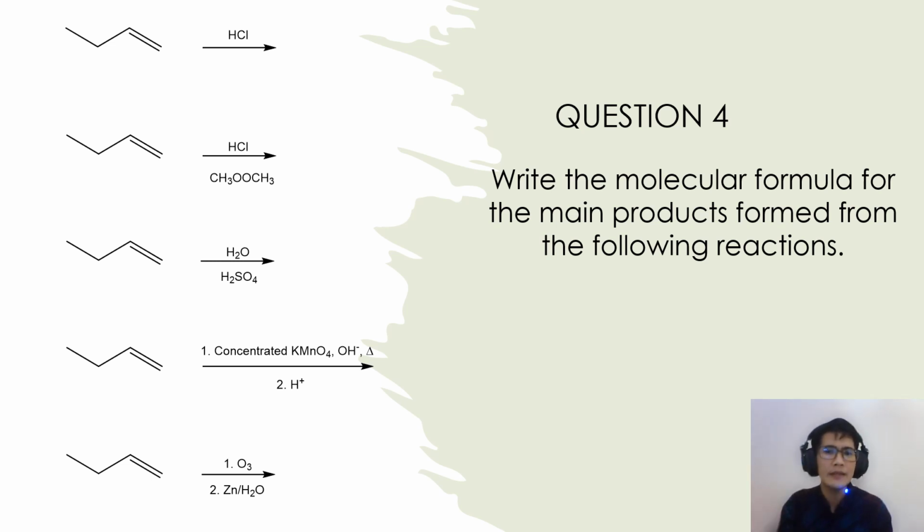But in this question, we have 2 types of carbon: this carbon is a primary carbon, while this carbon is a secondary carbon. This is where the Markovnikov and anti-Markovnikov rules will be applied.